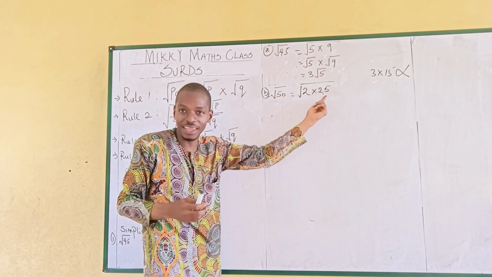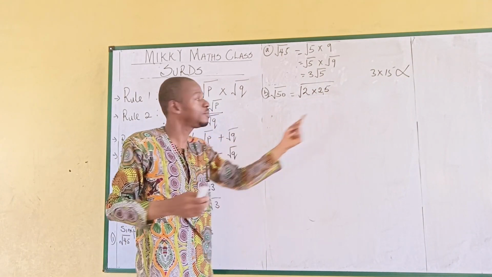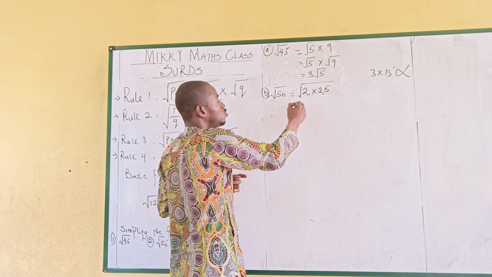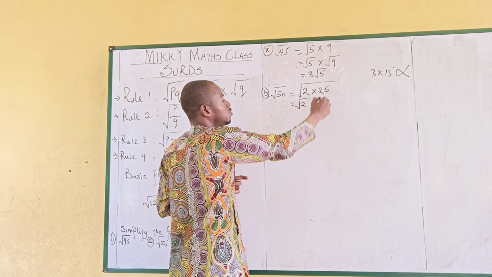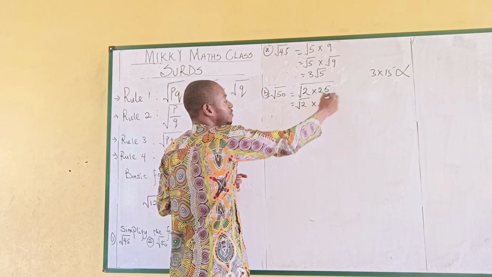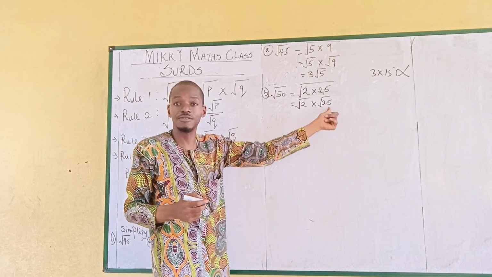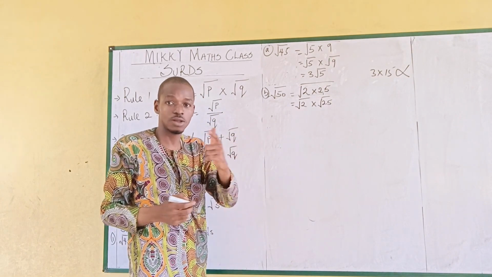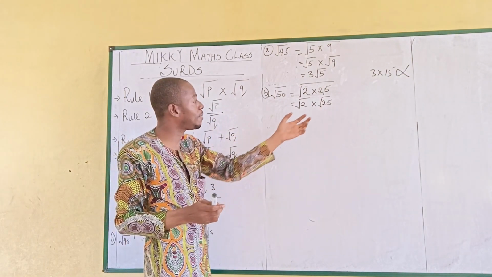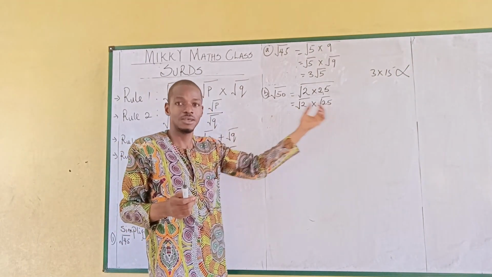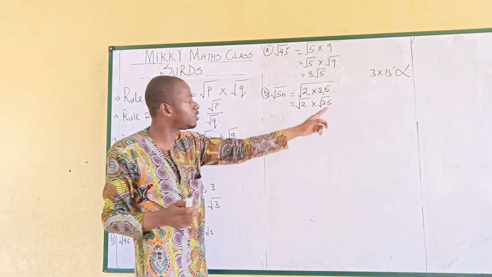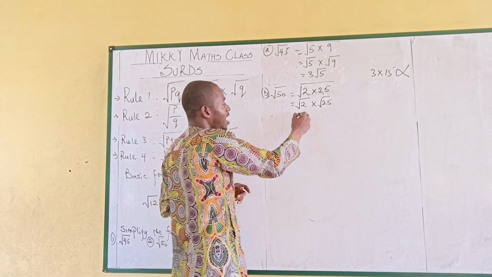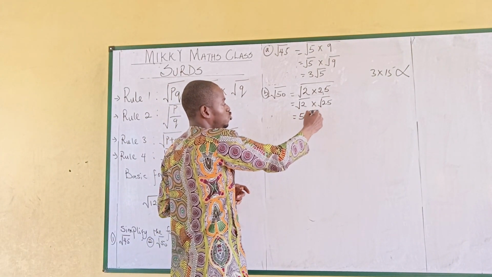Because 25 is a perfect square. Now, this is root 2 times root 25. Square root of 25 is 5. The square root of a number is what number would I multiply twice to get that number? It is 5. 5 times 5 will give me 25. So this is 5 root 2.